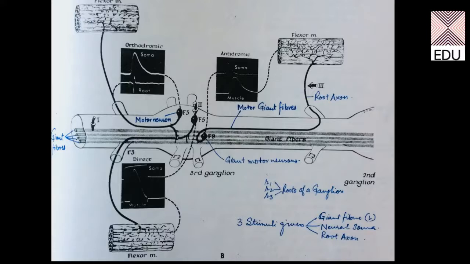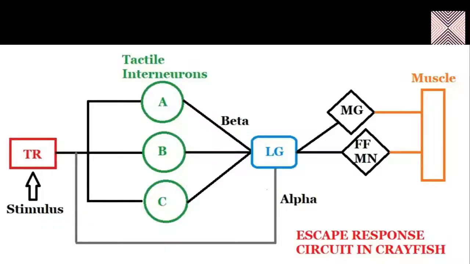And now students, if you go by the fourth diagram, it is showing you the crayfish escape response circuit. Actually, this is showing you the connections in between the different parts of this response circuit. First of all, we have the tactile receptor, which will receive the stimulus.